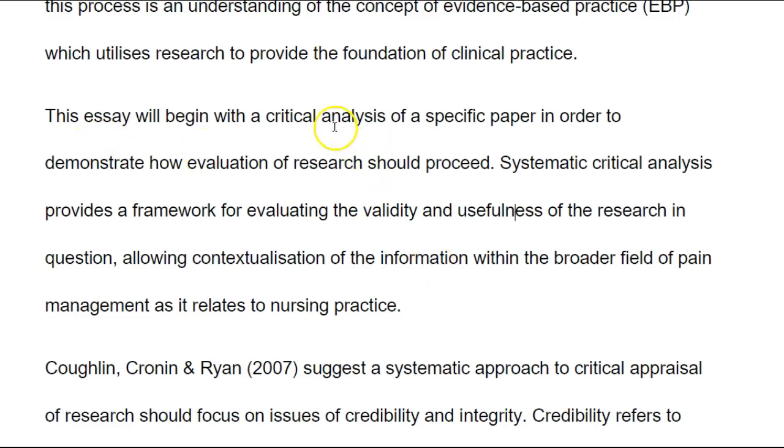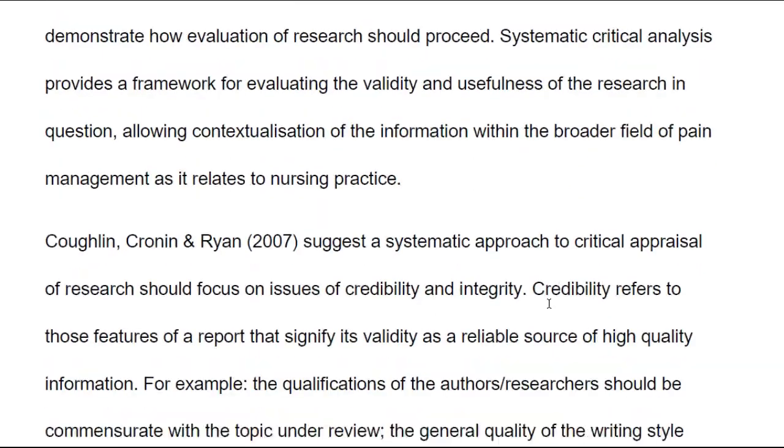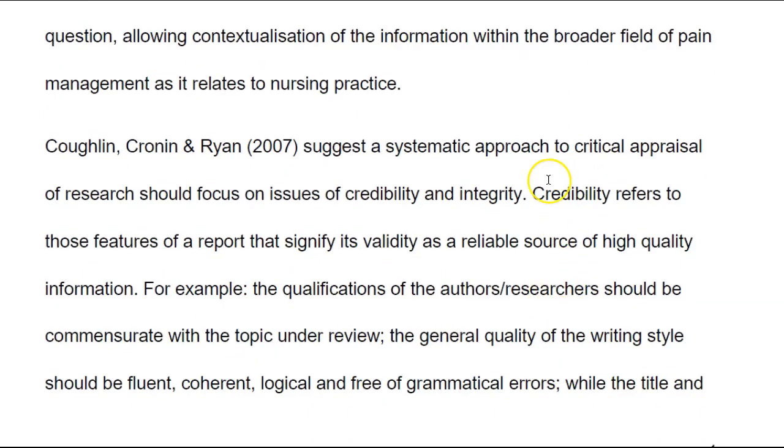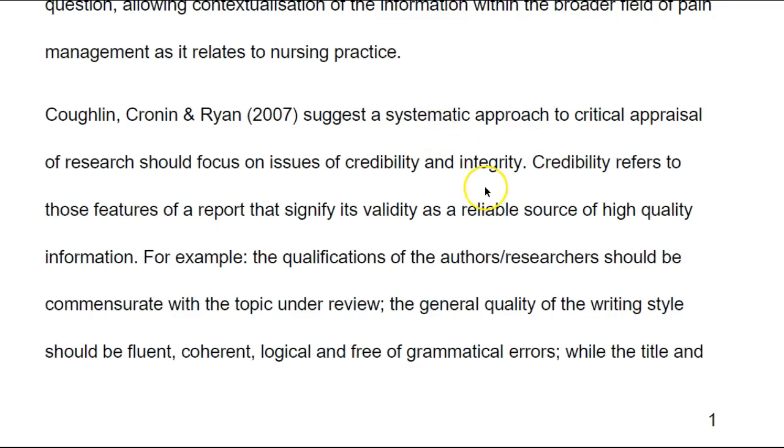So what this is saying is, I'm going to critically analyse the paper to see if it's useful effectively. That's what that's saying. But it's telling you what's going to be done. So then this student goes on again and talks about the systematic approach that should occur.